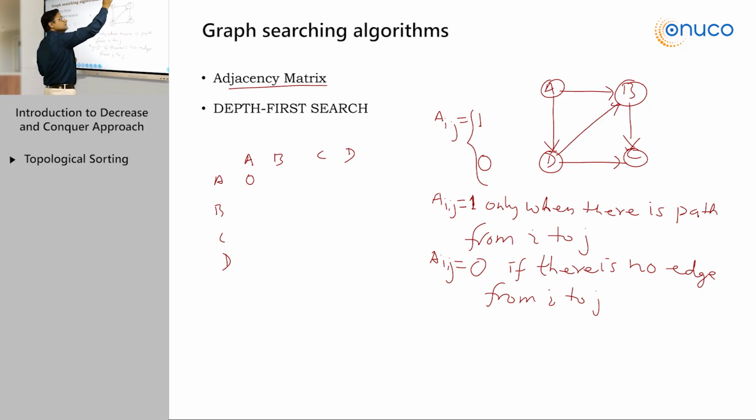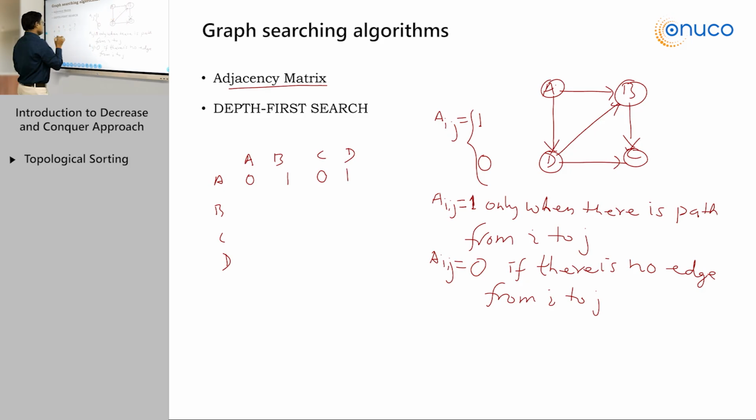If there were a self loop, we would write 1 here, but since there is no edge from A to A, we write 0. A to B, you can see that there is a path, so 1. A to C, we don't have a direct edge, so it is 0. A to D, there is a direct edge, so it is 1.